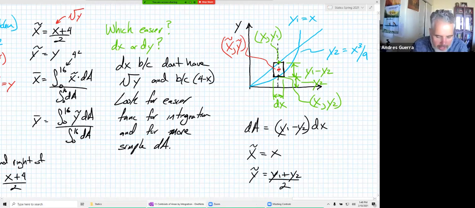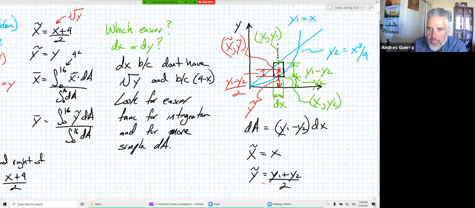Be careful there, because there are instances where we need half of that height, that would be (y1 minus y2) over 2. But we want all the way from the x-axis, so y tilde is the average between those two.